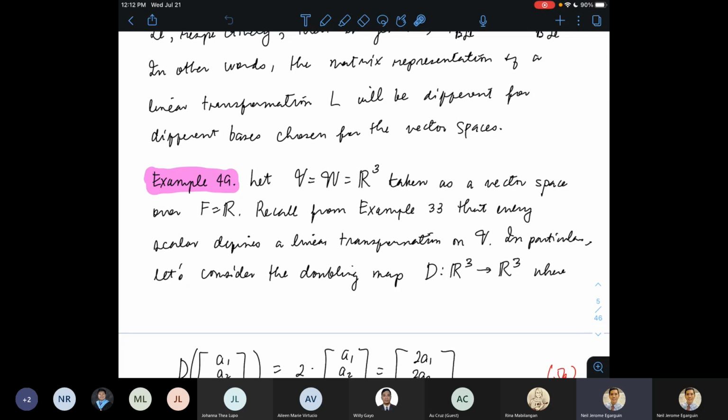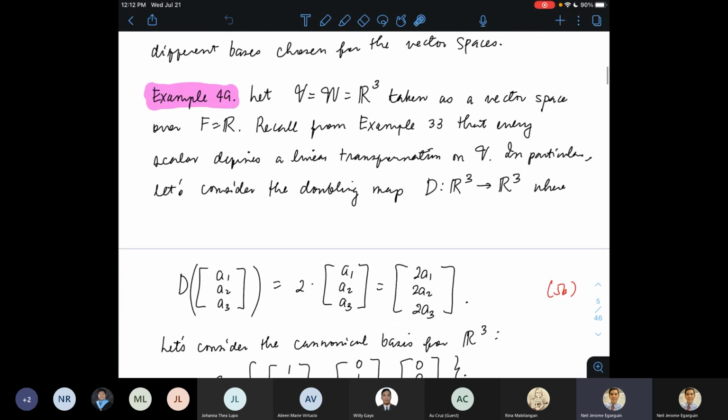Okay. Now let's start with example 49. In this example, I considered the vector space R3 to be both my V and W, and took the field R to be the field of scalars. Okay. And I think in a previous example, example 33 in particular, I've said that any scalar defines a linear transformation.